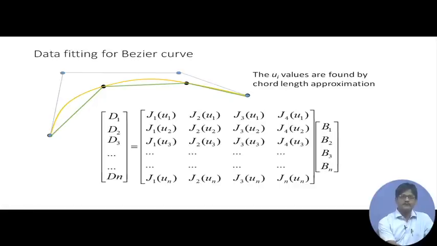Coming to data fitting, what do we mean by data fitting? Control points may be controlling the surface, but designers might be interested in a curve which passes through a number of points.